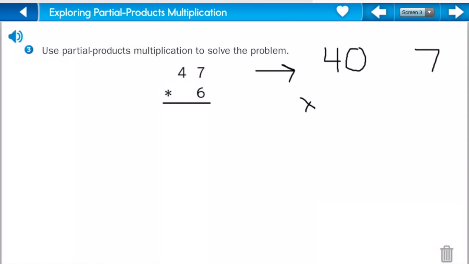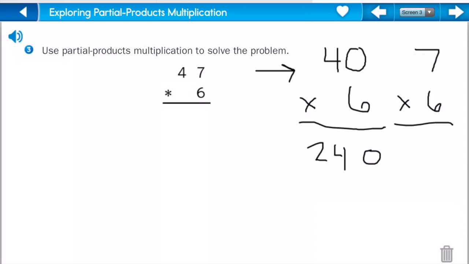So we're going to do 40 times 6. And then we're going to do 7 times 6 to make it easier. And then we'll just add those. So 40 times 6 is 240. 7 times 6 is what?